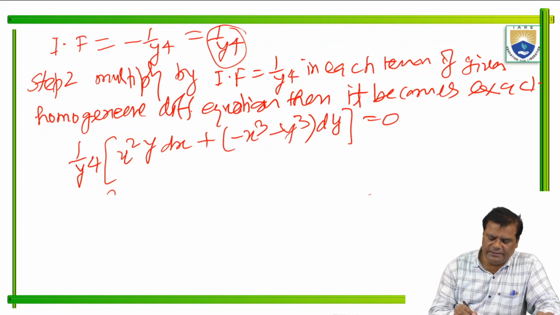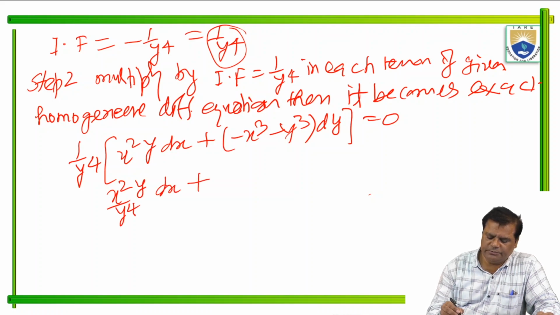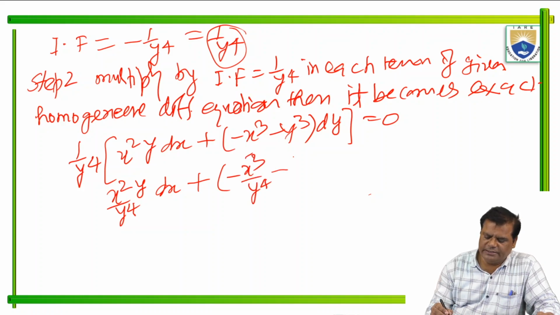Now multiply by this: x square upon y4 into y dx plus minus x cube upon y4 minus y cube upon y4 into dy equal to 0.